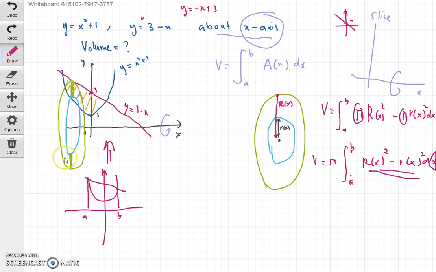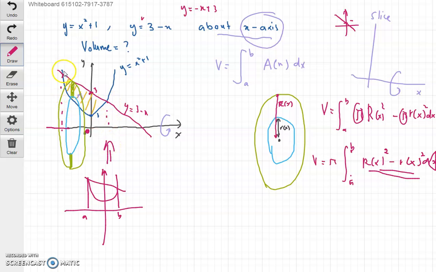The value of b is taken from here, but from our sketching we cannot see the value here. We know that one value must be negative and the other must be positive, because at the middle here we get 0. So how about the value here, and how about the value here?